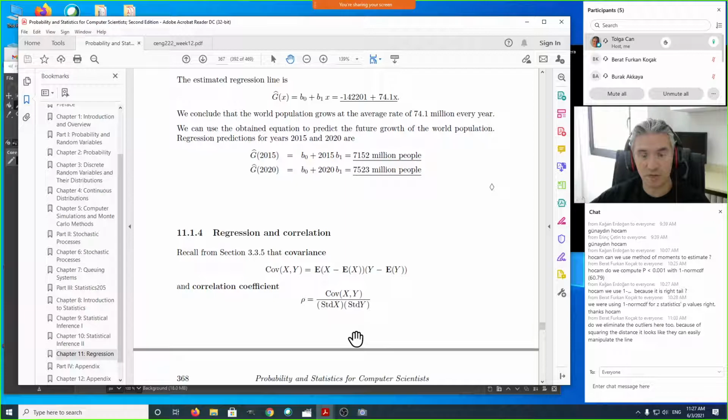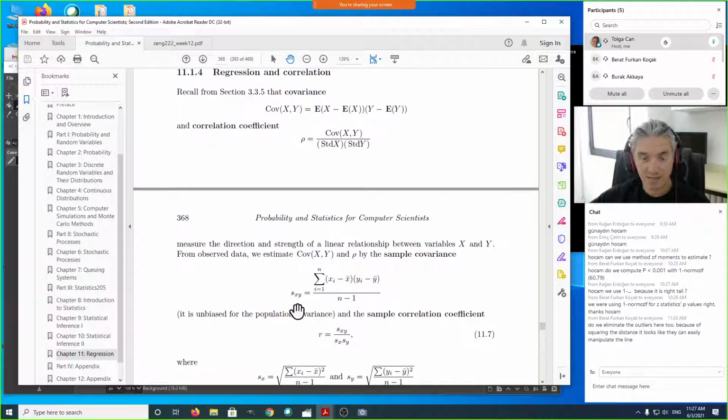This was the correlation coefficient, if you remember, from chapter 2 or chapter 3. It was a normalized covariance by the standard deviation of these variables, and it was always between -1 and 1. If two variables are highly negatively correlated, this coefficient was -1, and it was 1 if they're positively correlated.